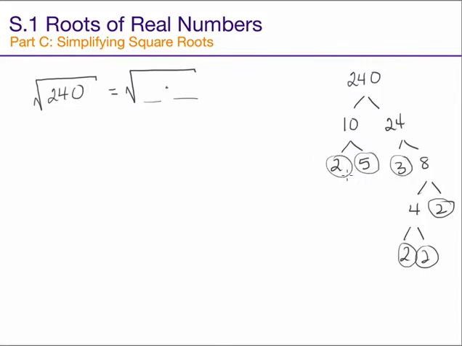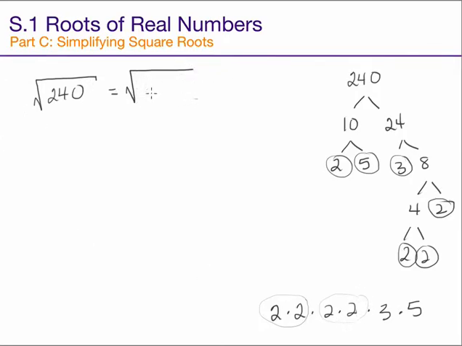then I can see that one way to write 240 would be 2 times 2 times 2 times 2, finding all the 2's, times 3 times 5. And I've found not only one pair of numbers, but another pair as well.